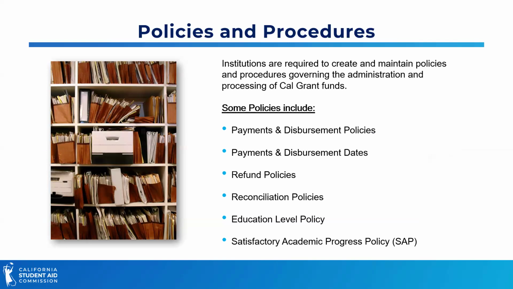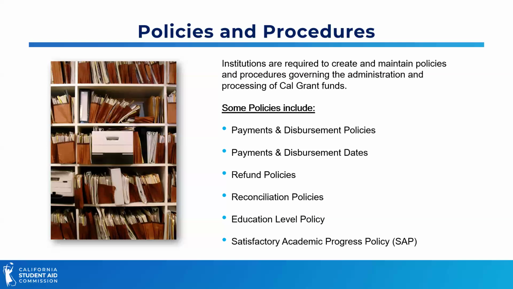Now, institutions are required to not only create but maintain their own policies and procedures with regard to processing Cal Grant funds. This is something that is looked at during a Cal Grant audit, and so it's important that you have these policies and procedures documented and available.